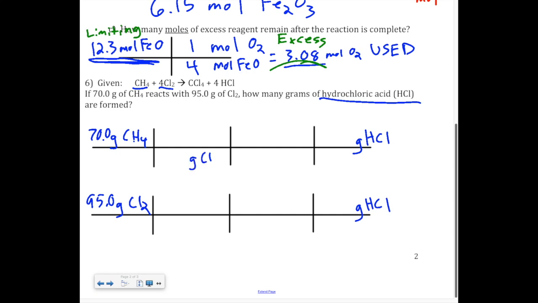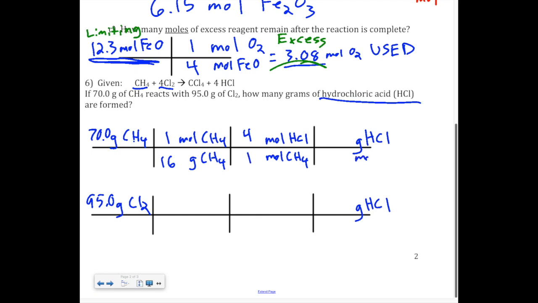So I switch grams to CH4, and the molar mass is 16 grams for 1 mole of CH4, and then change moles of CH4 to moles of my product, HCl, and this is going to be a 4 and this is going to be a 1.